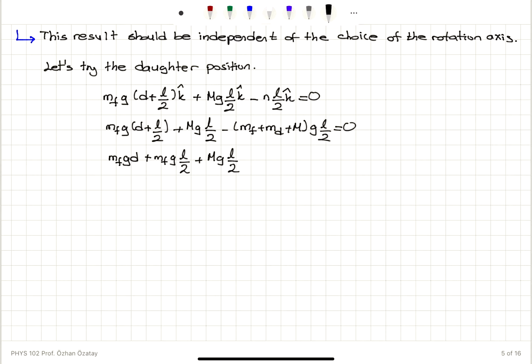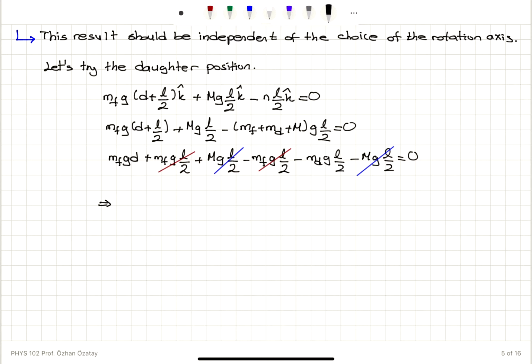And then I have minus mass of the father g L over 2, minus mass of the daughter g L over 2, minus capital M g L over 2. This is equal to 0. So you can see that mass of the father g L over 2 terms will disappear, and also capital M g L over 2 terms will disappear. I will be left with exactly the same equation.